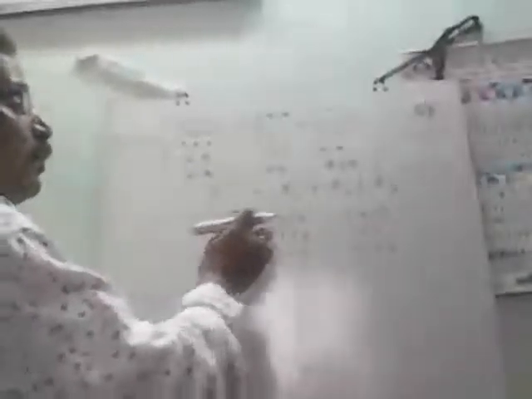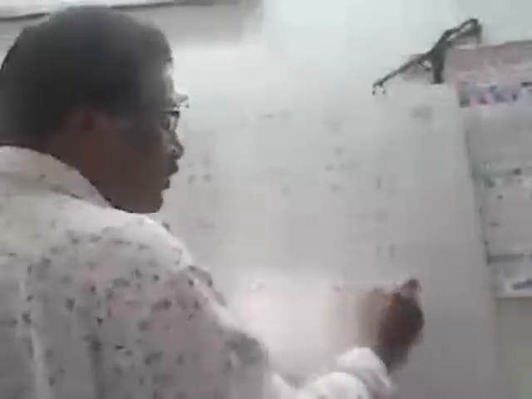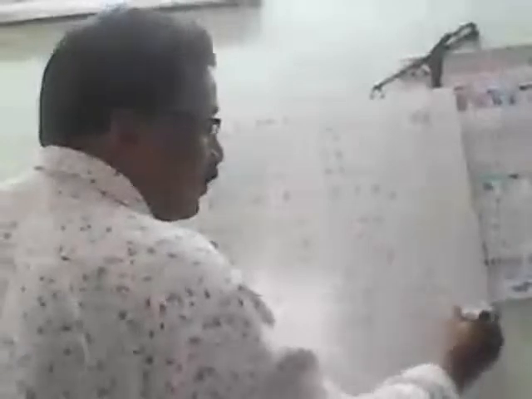Then take common 5x plus 4 along row 1. Remaining is 1, 1, 1, then 2x, x plus 4, 2x, then 2x, 2x, x plus 4.